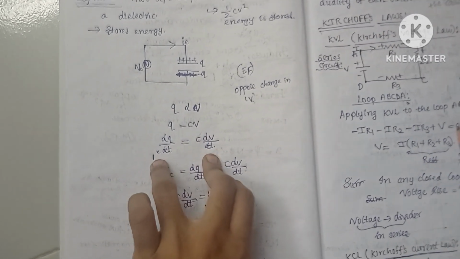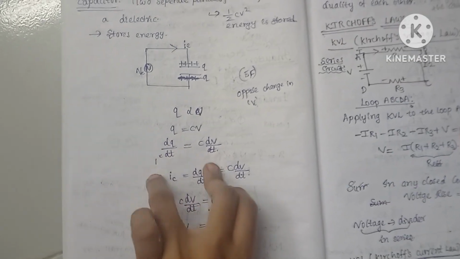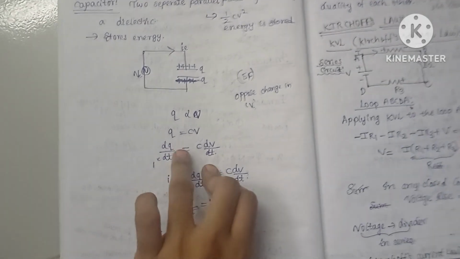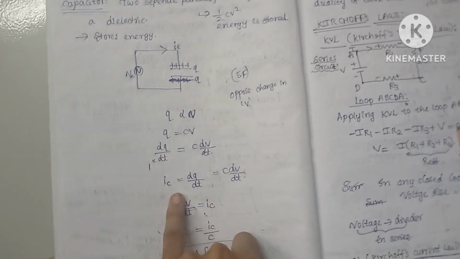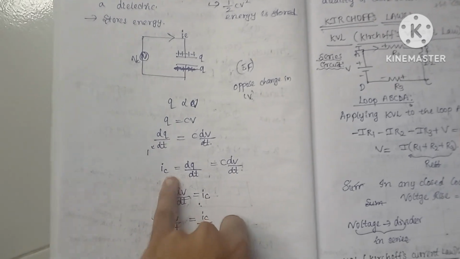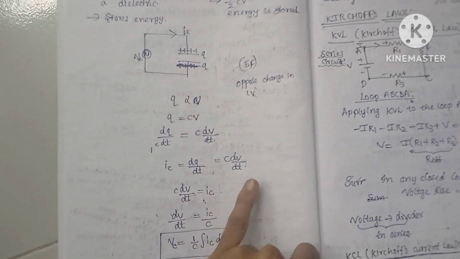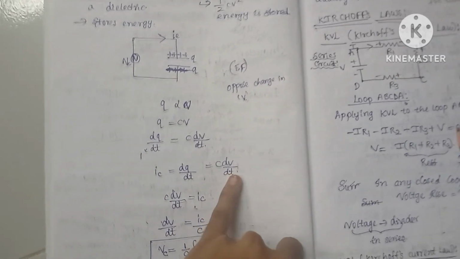And we know that dQ by dt is nothing but current, which is the charge upon the time taken. So that will be I, that is IC, the current flowing through the capacitor. So IC is equal to dQ by dt, which is equal to C into dV by dt.